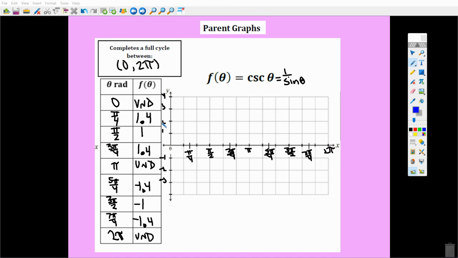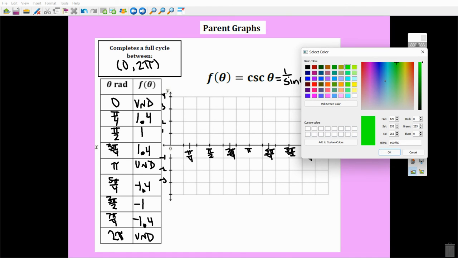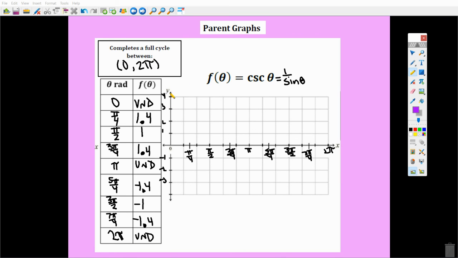So the very first one again is undefined at 0. So I'm going to go back to my purple for undefined. At 0, it's undefined, so I'm going to draw that in. At pi over 4, it is 1.4, so it's a little less than a half. I estimate it.